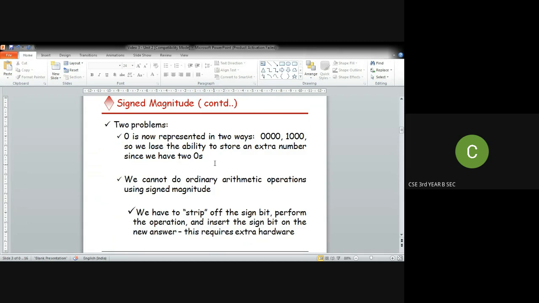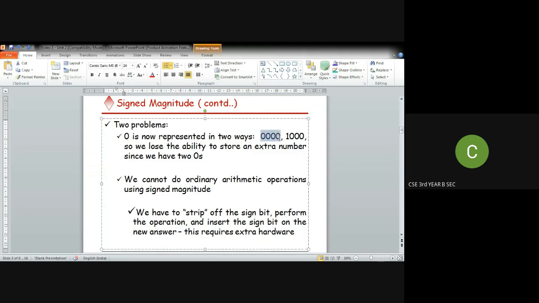In signed magnitude, there is another problem. Look here: 0, 0, 0, 0 represents the positive 0, and 1, 0, 0, 0 represents the negative 0.